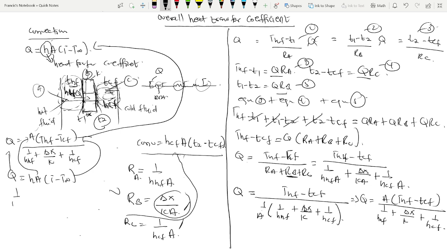Now 1 over H becomes 1 over HHF plus change in X, change in X. So is it 1 over H? Oh, I'm making mistakes.